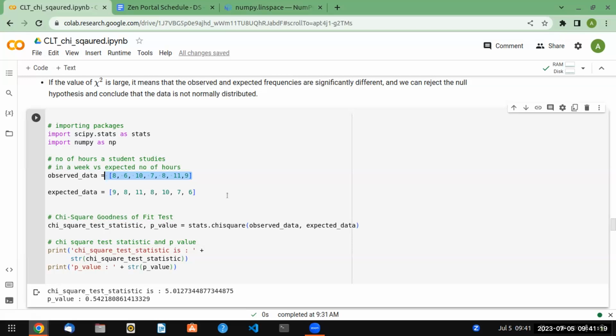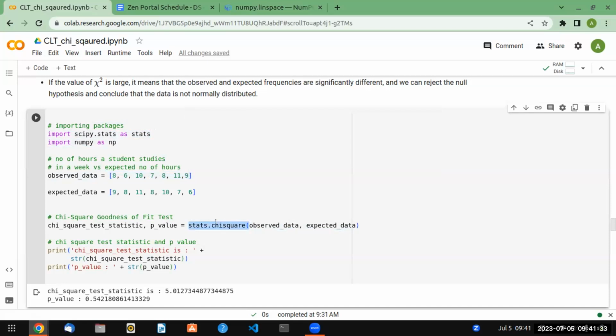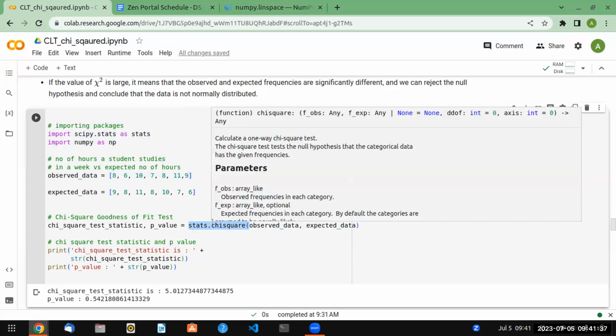If you see here, in the statistical module called stats, there you can call chi-square. To understand this, if you hover over it, it shows you the explanation: calculate a one-way chi-square test.